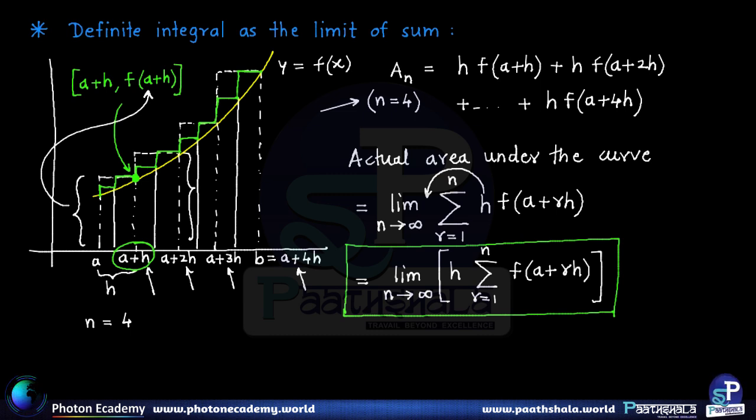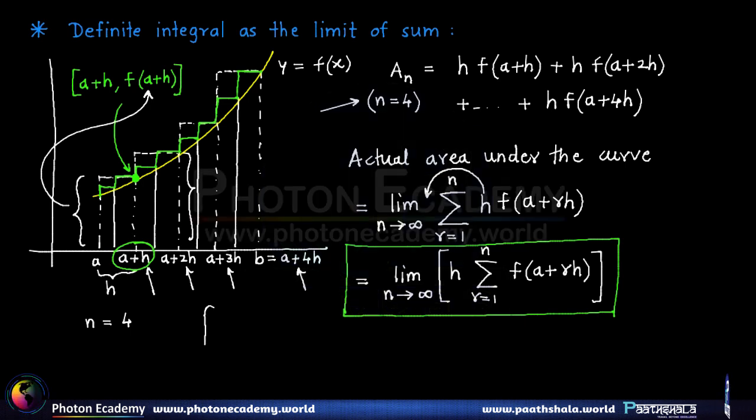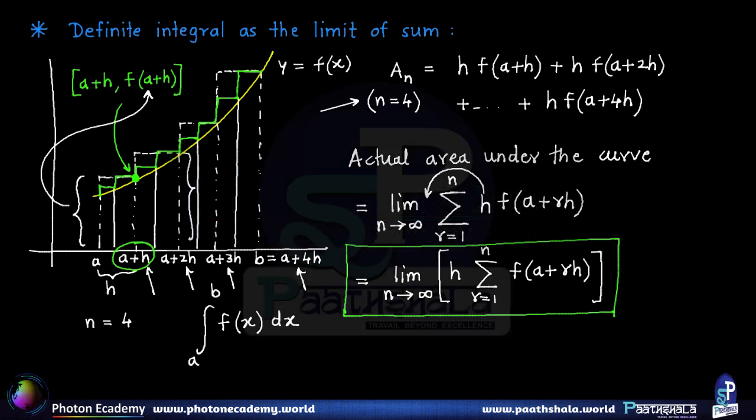Now this definite integral is technically denoted by this symbol, that is, this is the integration sign. We want to integrate f of x, which is the function, with respect to x, but now we additionally specify the lower and upper limits, which are a and b respectively.